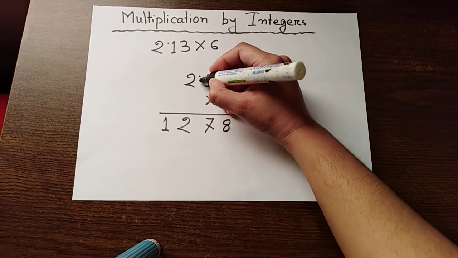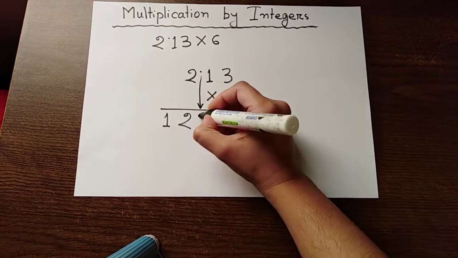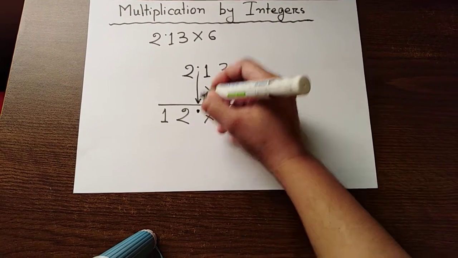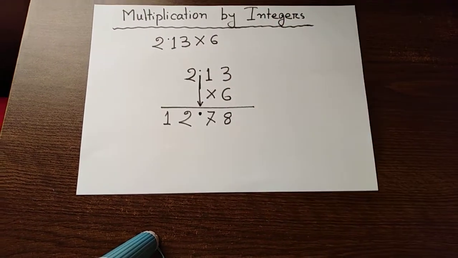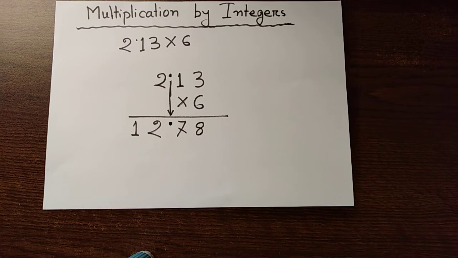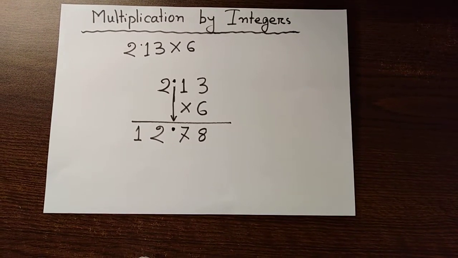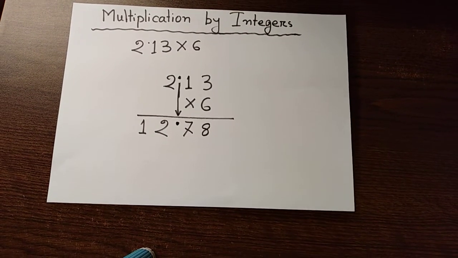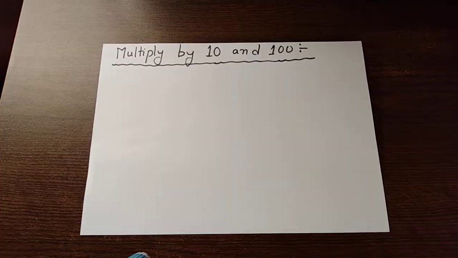Now we put the decimal point directly at the same point. Now we get the result, 12.78. In this way you can solve the multiplication by integer.